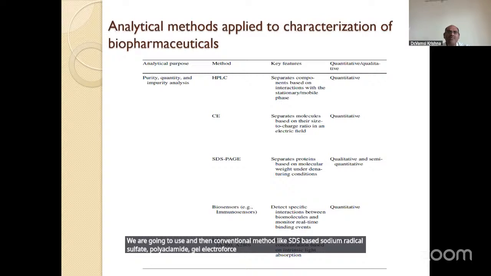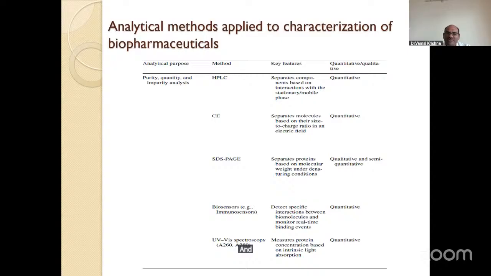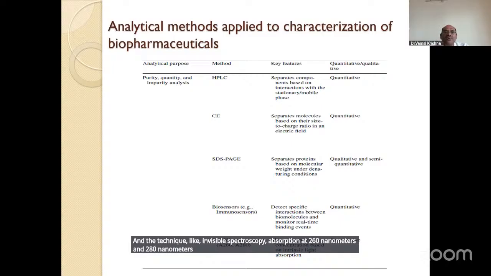We are also using biosensors like immunosensors, and techniques like UV-visible spectroscopy, absorption at 260 nanometers and 280 nanometers, generally for determining purity, quantity, and impurity.